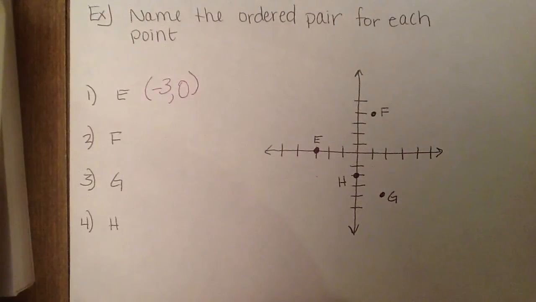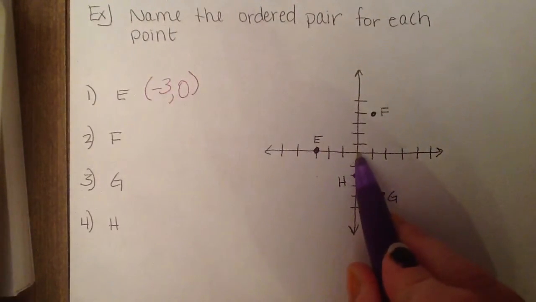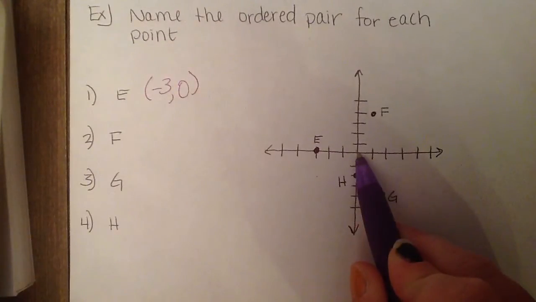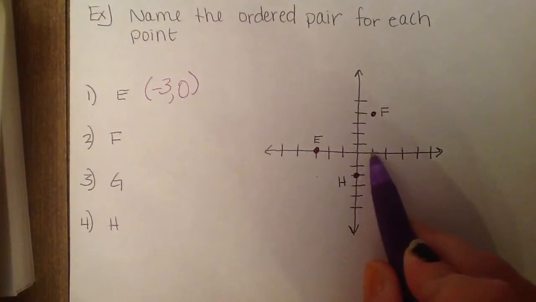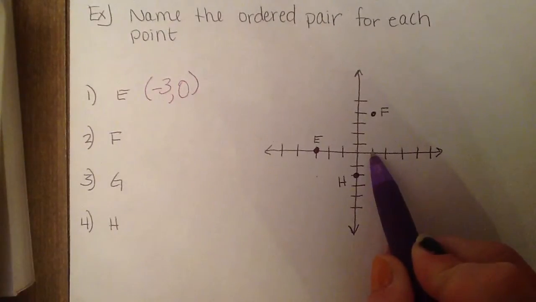Let's find the letter F. Put your pencil at the origin. Do I move right or left to get to F? Right, we move right. How many spaces do we move right to get to F? 1. Is this a positive or a -1?